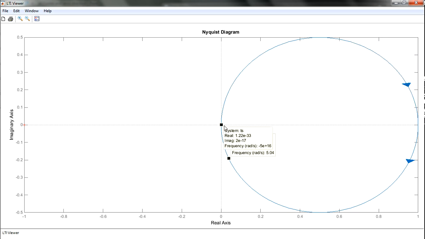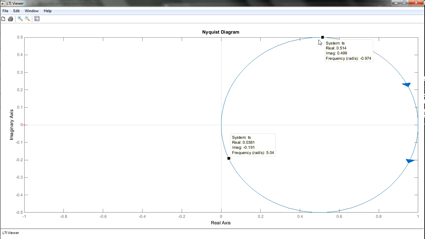It is going in this manner. When you're at 0, you have a certain frequency, and then you plot, and it goes all the way. This is when your frequency is getting smaller and smaller. And as you can see, minus 0.68.